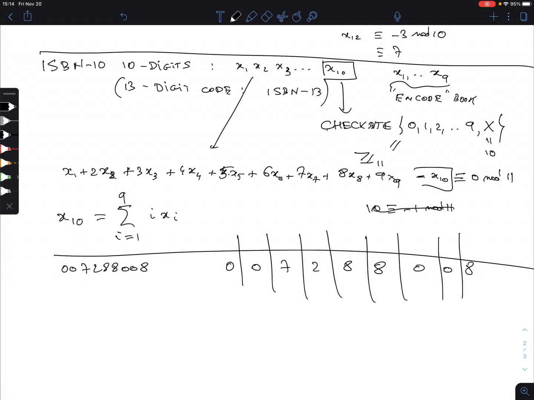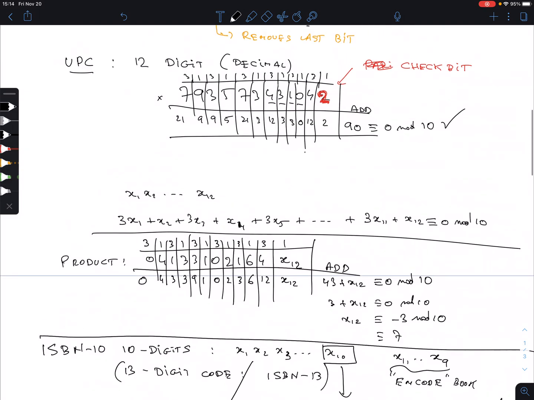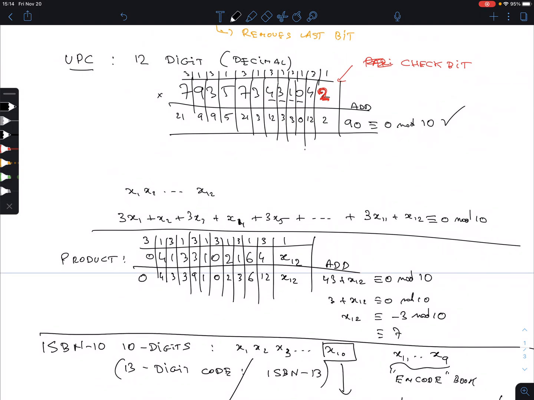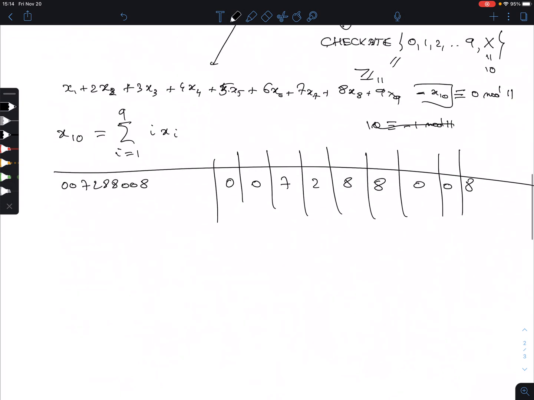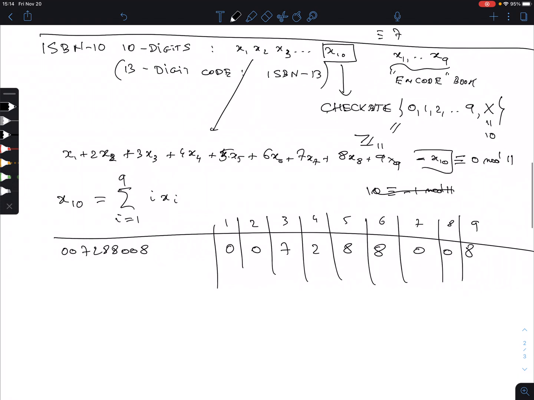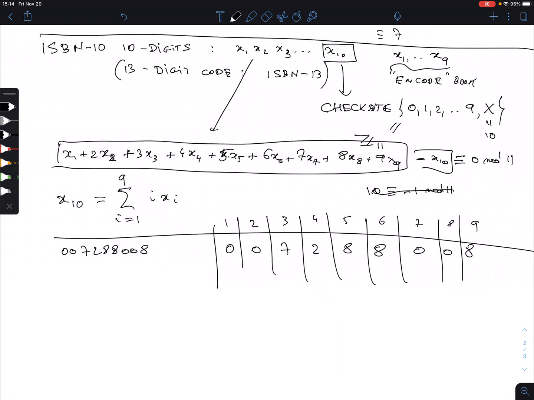For the UPC product codes, we had alternating 3 and 1s, but here we have a different system, right? We have 1, 2, 3, 4. So this is 1, 2, 3, 4, 5, 6, 7, 8, 9. Now remember, we're calculating only these guys because that will be x10, at least modulo 11. Okay, so here we go.